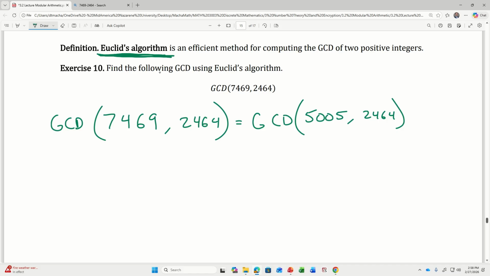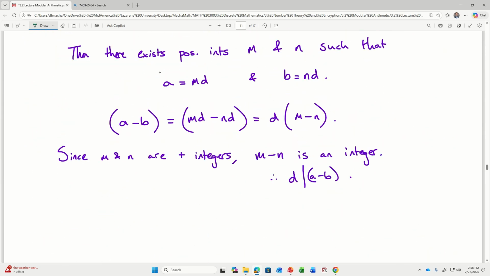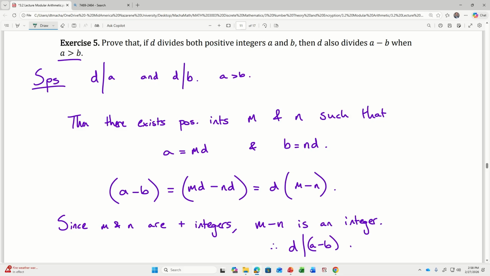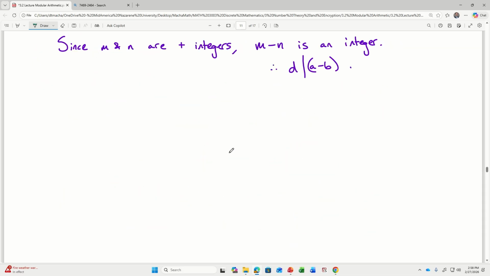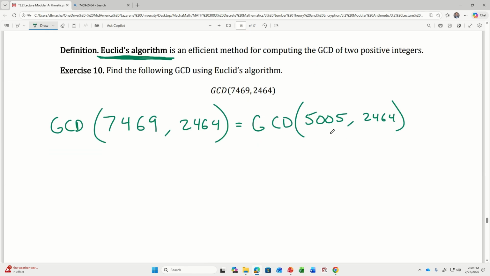And I might not have enough time to work out this entire problem, but this is based on the idea that the greatest common divisor is a number that divides both A and B. And that means it also divides A minus B. Okay? So if I have a greatest common divisor that divides 7,469 and divides 2,464, it will also continue to divide even when I subtract.